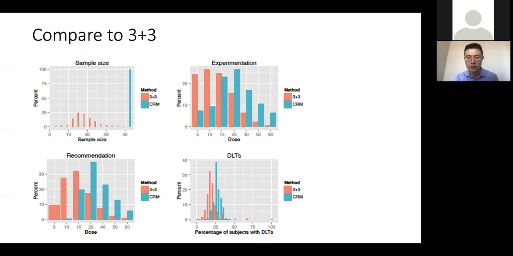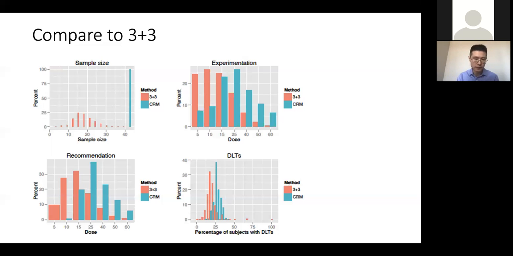your trial planning. And we can see that using CRM, you can assign most of your patients at your targeted dose level, at your MTD, so that fewer patients are treated at the suboptimal dose levels. This is clearly an advantage of CRM compared to 3+3. And also, the CRM can recommend the right dose more frequently in simulation.